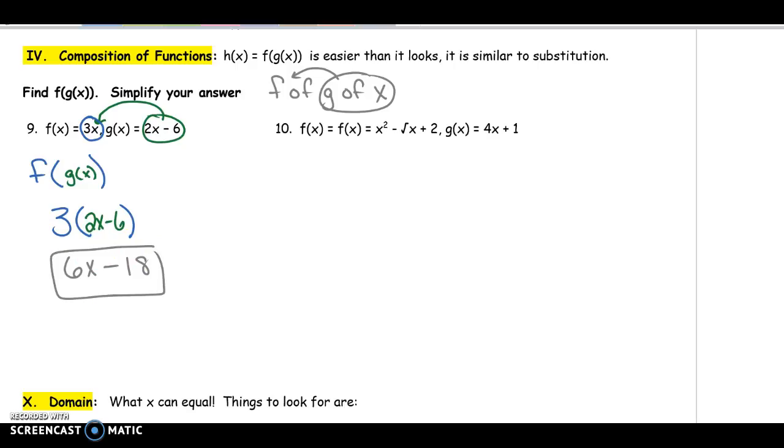I'm going to create a new number 10 because I don't like this one. f of x is going to be 5x plus 2. g of x is going to equal x minus 7.